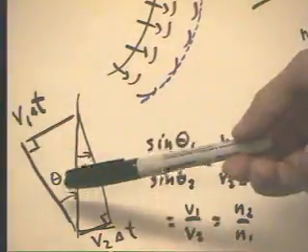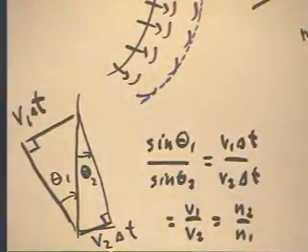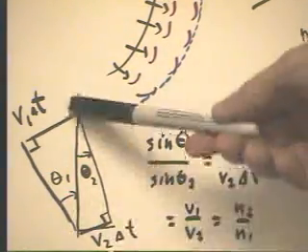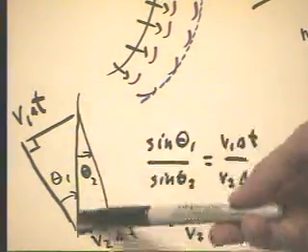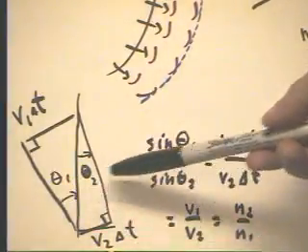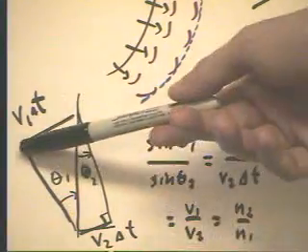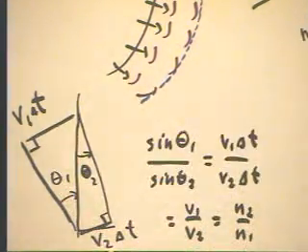We can see that the sine of this angle is just v1 delta t over whatever this hypotenuse is, and the sine of this angle is v2 delta t over the same hypotenuse. So the sine of this angle divided by the sine of this angle is just this distance divided by this distance, again both distances being part of triangles with the same hypotenuse.